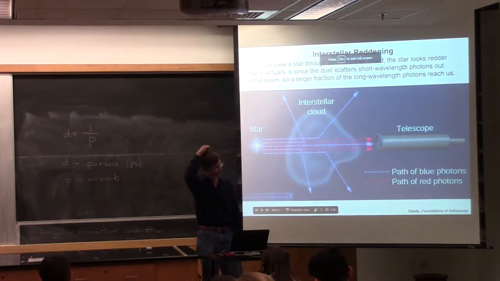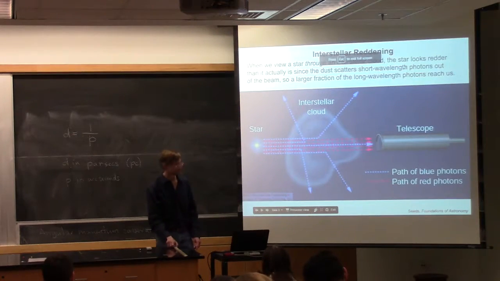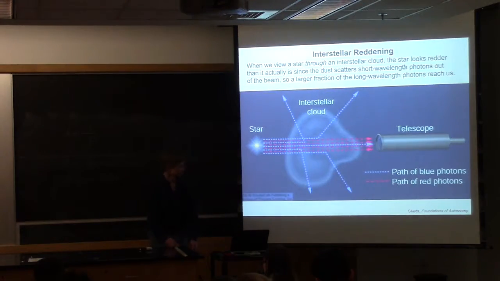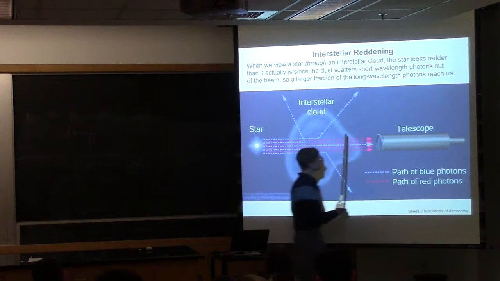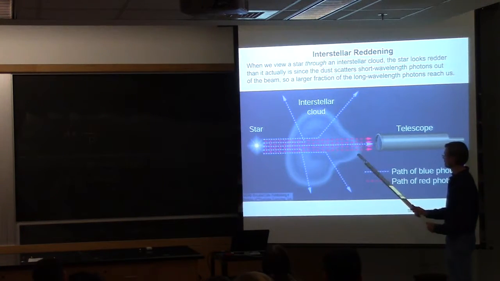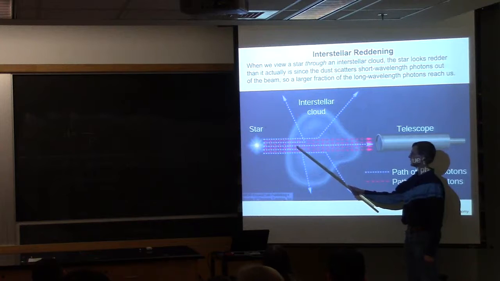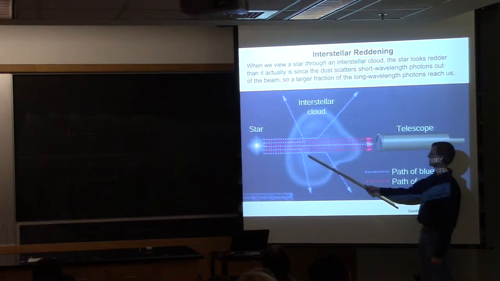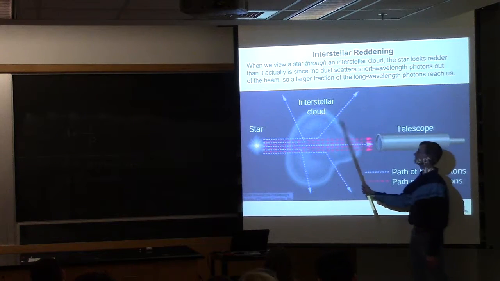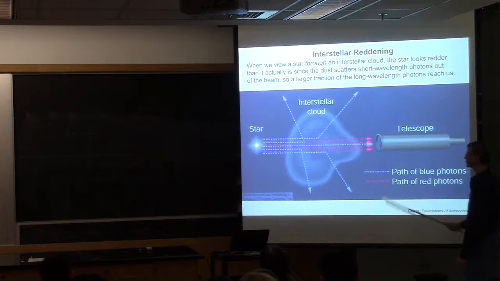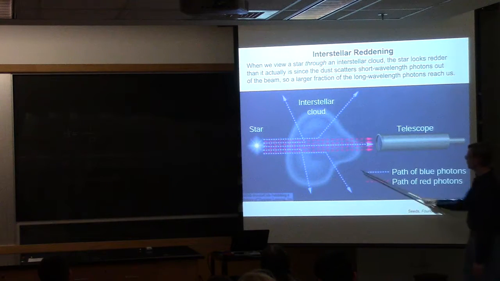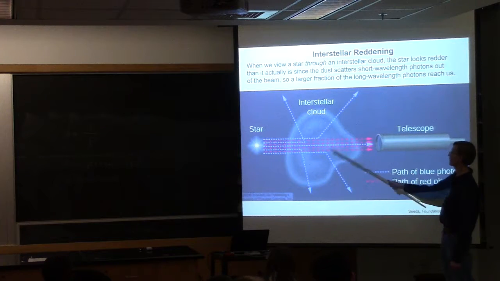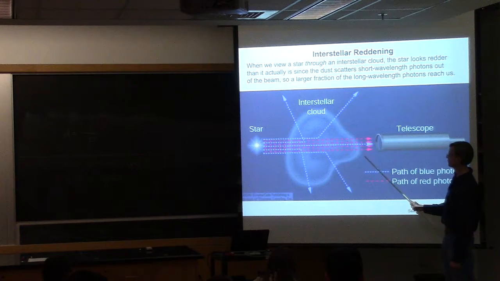And so, as a result of that, if you have a bunch of light coming our way from a star, and there's dust clouds in between us and the star, then the dust particles in the cloud scatter more of the short wavelength photons than the long wavelength photons. To simplify, we're showing it as just red and blue. It's really photons of every color. A bigger fraction of the short wavelength photons get redirected out of the beam that was headed our way than of the long wavelength photons.